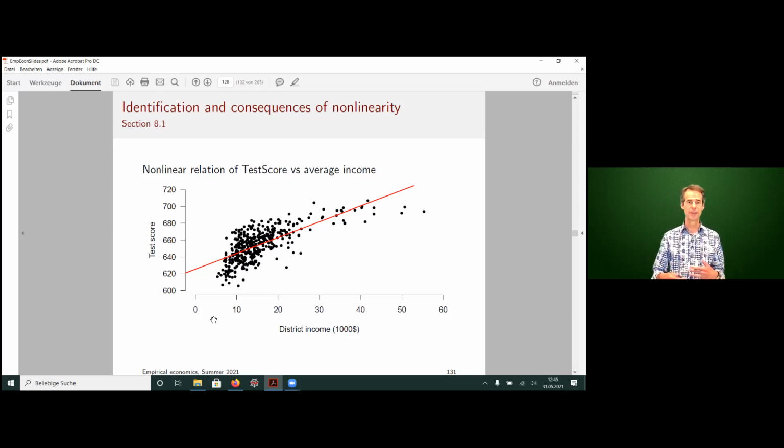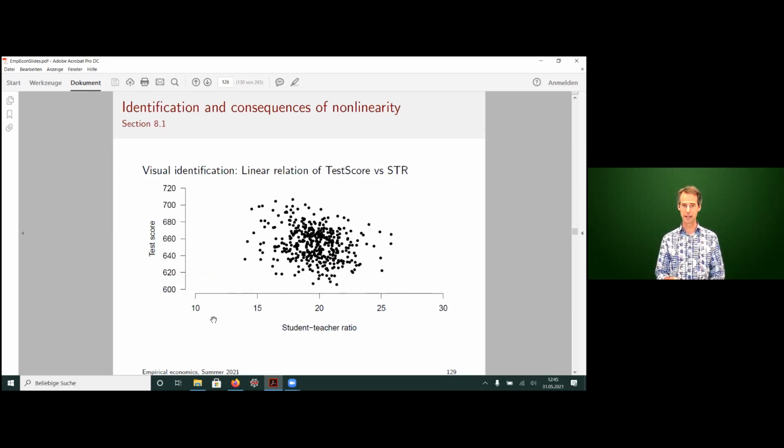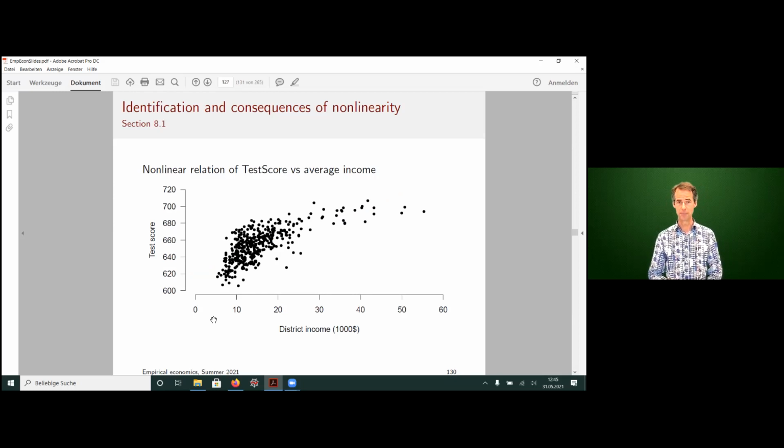We know that this approach is in a way not really scientific because different persons might have different impressions of these plots, but at least in these two examples, I think everybody would agree that here a linear relationship is reasonable, while here it's not.